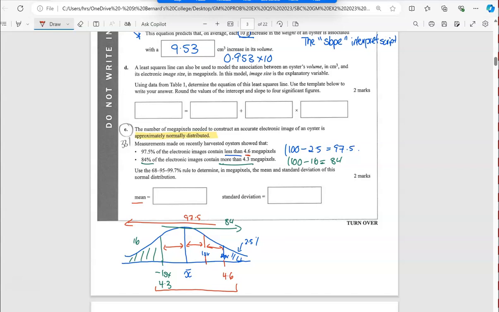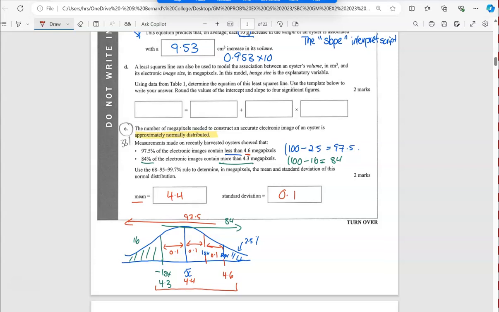Therefore they must all be 0.1, because that would take me up. So when they ask me what the mean is, I go, all right, 4.3 plus 0.1, so the mean must be 4.4, and we've already worked out one standard deviation is 0.1. All right, so they were poorly done, so it's probably going to repeat again.